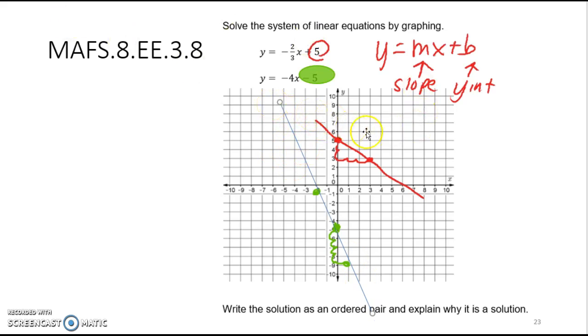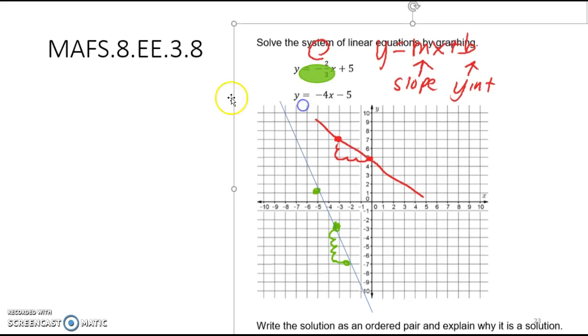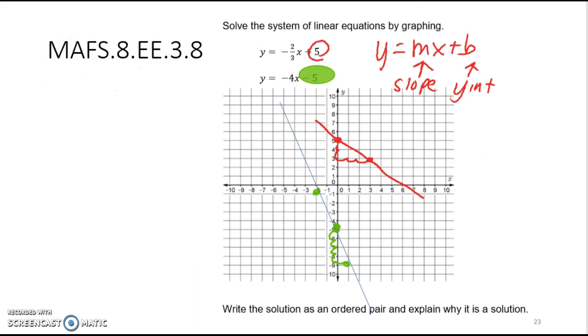All right, and if I were to extend this other line out, we would see that these are going to intersect somewhere right around here, up 1, 2, 3, 4 over 1. Looks like they're going to intersect right about there. So there's my solution. Let's just double check here. Positive 5 up 1, 2 over 1, 2, 3.